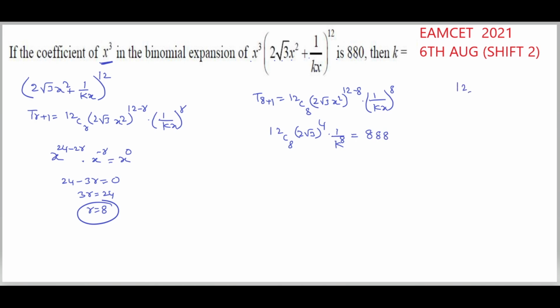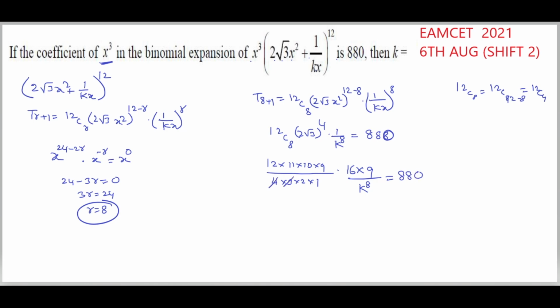12C8 is equal to 12C(12−8), that is 12C4. This is 12C4, that is 12 into 11 into 10 into 9 by 4 into 3 into 2 into 1, into (2√3)^4, that is 2^4 is 16, (√3)^4 is 3², this is 9, by k^8 is equal to 880.